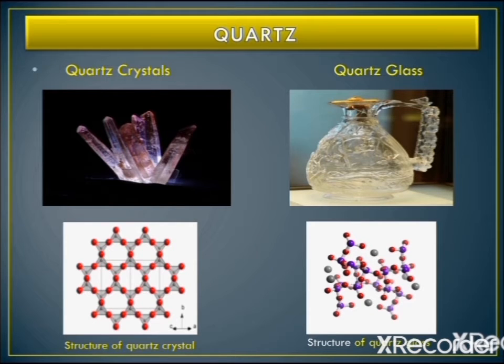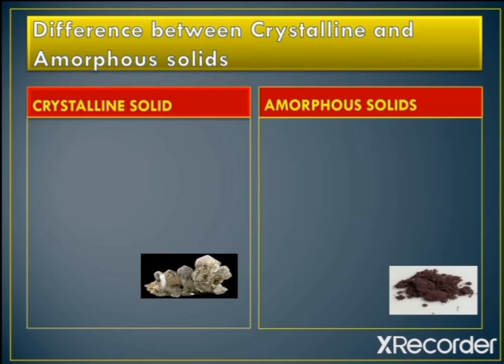It is a hard, brittle and colorless solid. When quartz is heated above its melting point, about 1600 degrees centigrade, and cooled rapidly, an amorphous solid called quartz glass results.